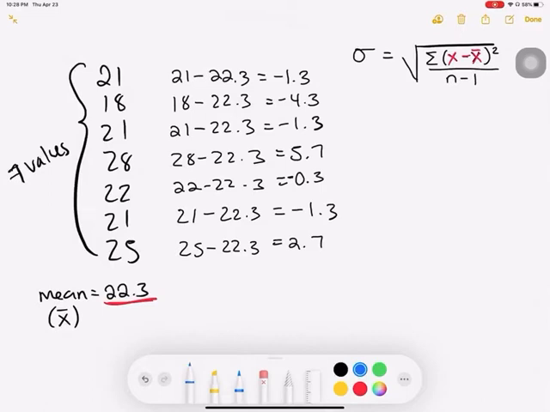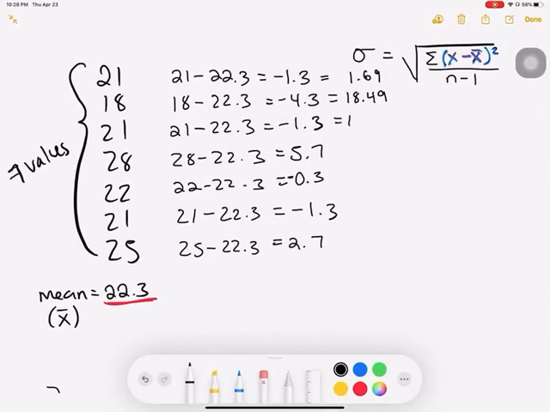The next operation is that result that I just got, I have to square it. So I have to multiply it times itself. This is going to get rid of the negative signs. So 1.3 times 1.3 is 1.69. Then 4.3 times 4.3 is 18.49.